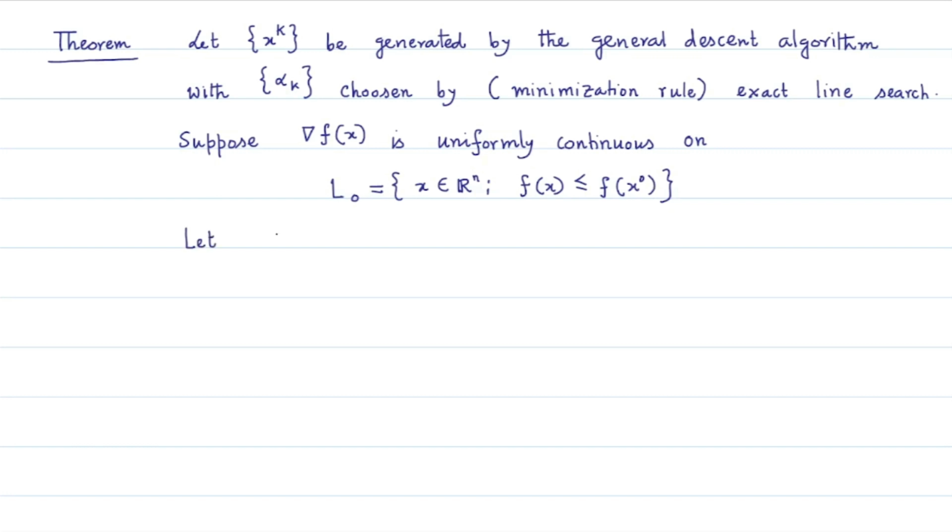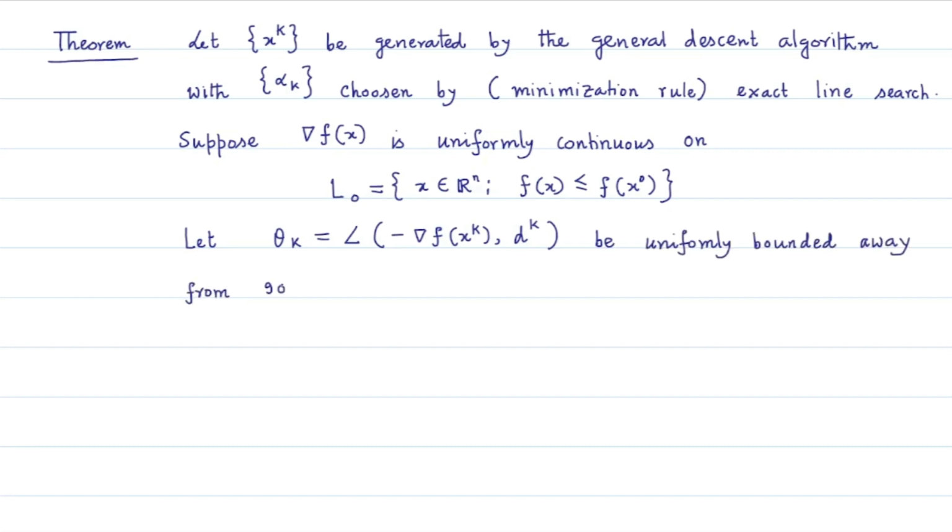Also suppose that the angle theta k between the negative gradient at xk and the chosen descent direction dk for the kth iteration is uniformly bounded away from 90 degrees, that is, theta k is less than or equal to pi by 2 minus mu for some mu greater than 0. This mu is a small number that is substantially smaller than pi by 2.